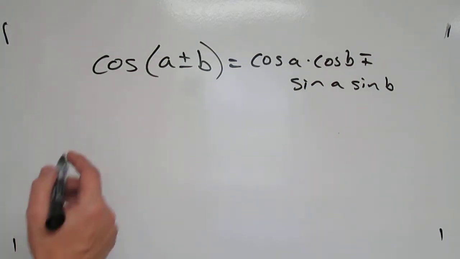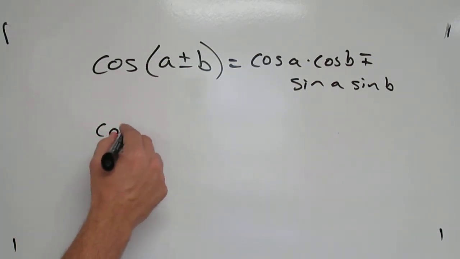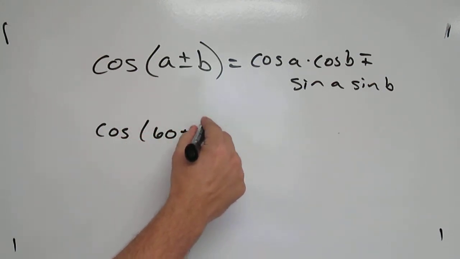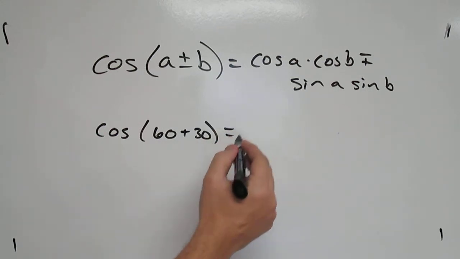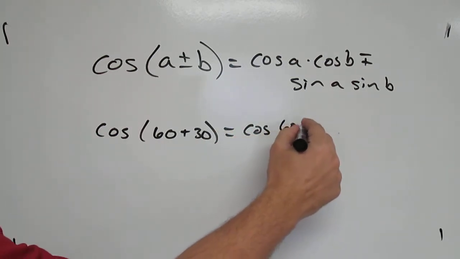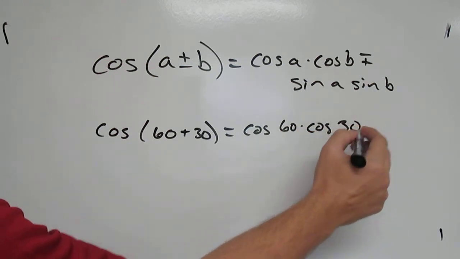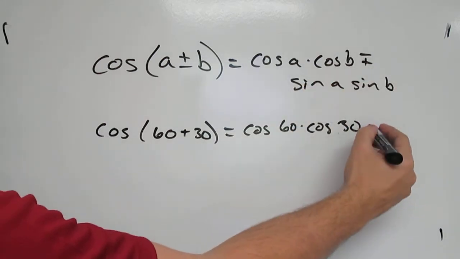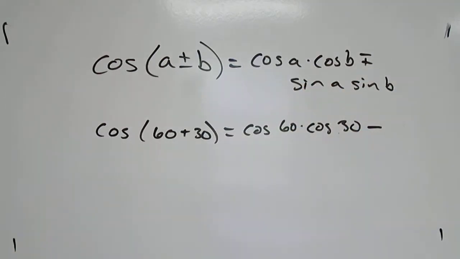So if I took our example and said the cosine of 60 plus 30, then according to this formula, it would be the cosine of 60 times the cosine of 30. Now, since this is a plus, the sign here is going to be the opposite of it, or the minus.